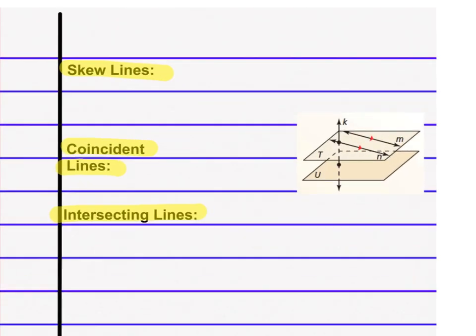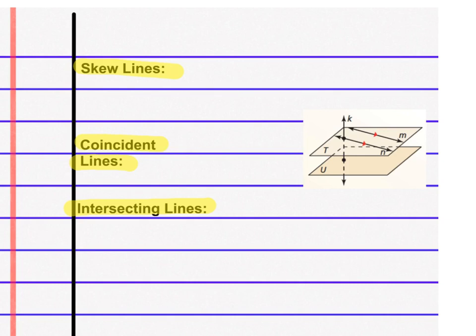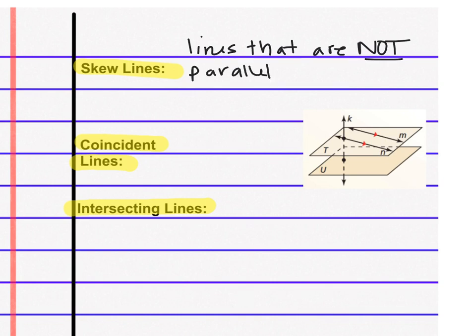Next vocabulary words, we have skew lines. That's a new one for most people. So skew lines are lines that are not parallel, so they're not parallel lines, but they also never intersect.